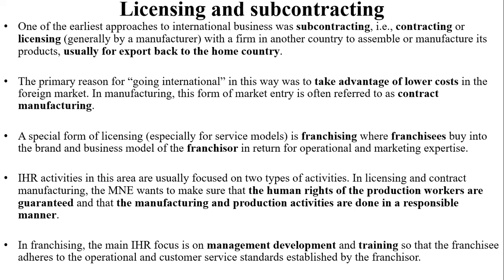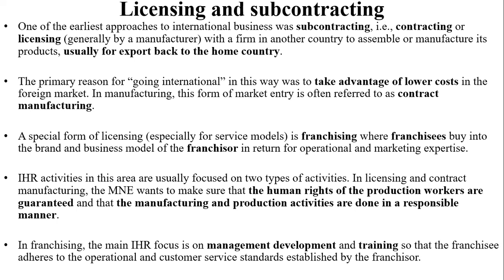So when we say a firm is outsourcing components of production to another firm, the advantage is that the firm can seize the opportunity to save costs by utilizing cheap labor or cheap production costs in the country where the subcontracting is occurring. They may also have access to specialized skills and technology which may not be available in the country where the headquarters is located. And this brings about flexibility in their production capacity.